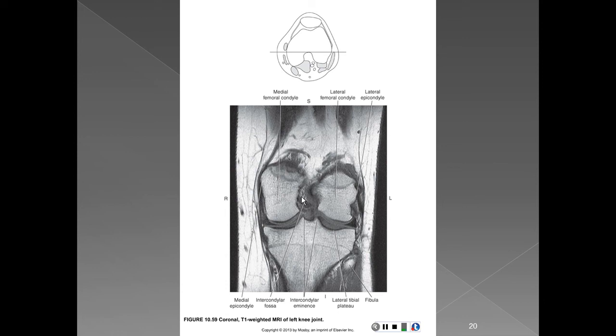So we have the femur up top, the tibia, the fibula, and the patella. This cut is kind of deep to that, so the patella isn't shown in this particular image. Figure 1056, page 682, shows everything.